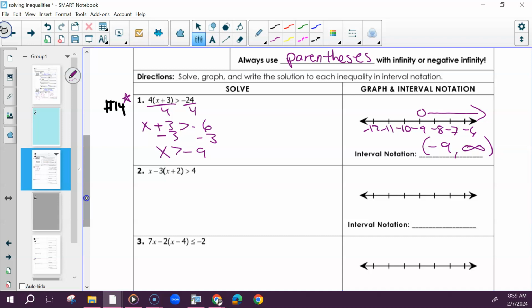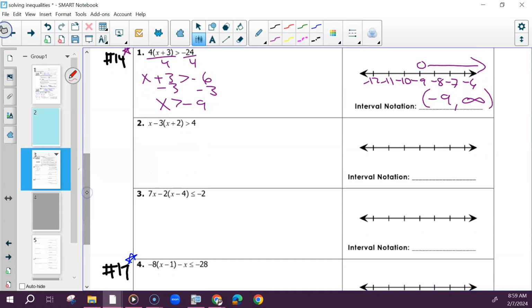Let's do another one. Number 2, start this by distributing. What would be our next step?